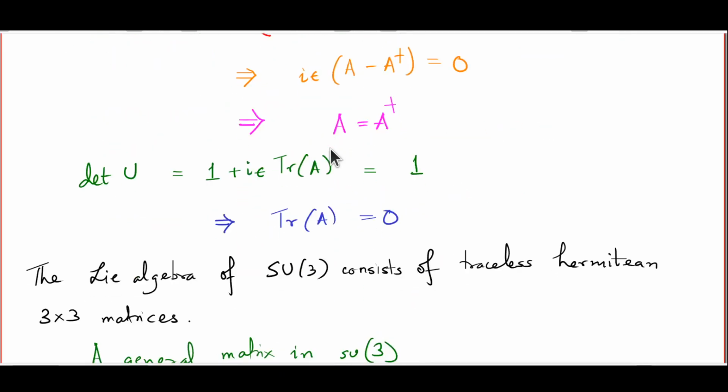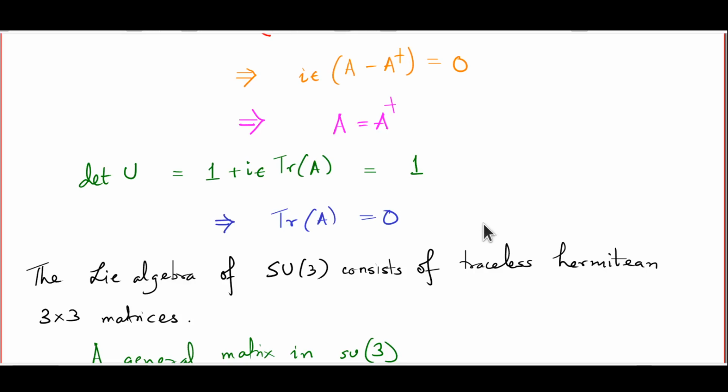However, we also have the determinant of U equals 1, and for this we can use exactly the same method that we used before, that is, write down U as a 3 by 3 matrix with identity plus small correction terms, and it's pretty easy to show by a direct computation that the determinant will then come out to be 1 plus i epsilon times trace of A, plus of course higher order terms, but we are ignoring them anyway.